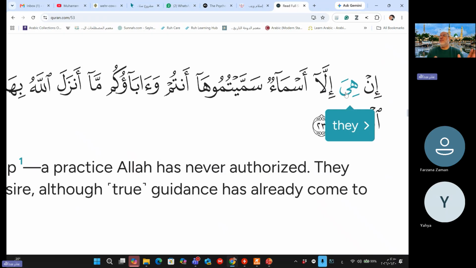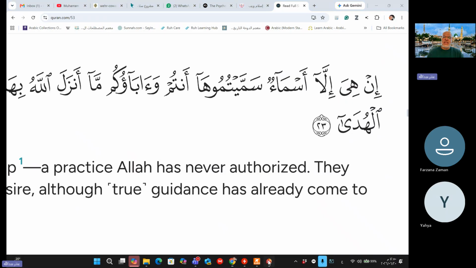These names, these idols are nothing but. So they. Although we know that hiya means she if it is used with the singular female human, if it is used with non-human plural, it means they.